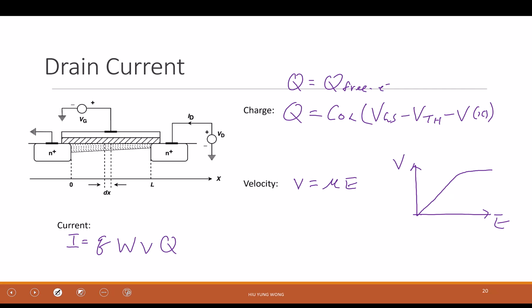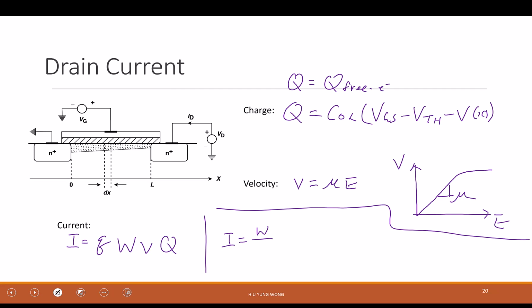But when I'm really fast and really strong, you cannot increase your speed forever, because the faster you move, the more people you knock into. You keep losing your energy. Maybe that's too much, but I just want to say the slope is the mobility. We are not going to solve this equation. We solved it in E128 already. That is not our purpose. My purpose is to bring you back to the fundamentals. You understand the insight, right? And the rest, you just do it yourself or check Wikipedia.